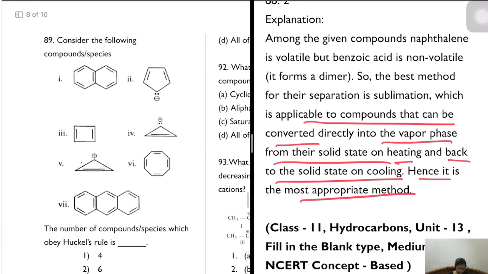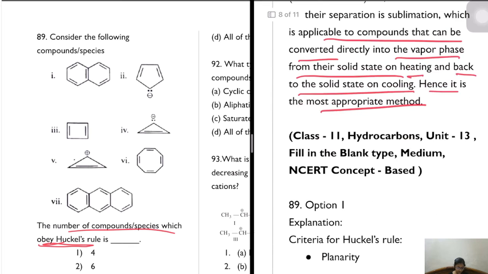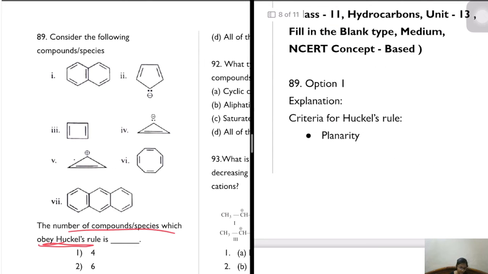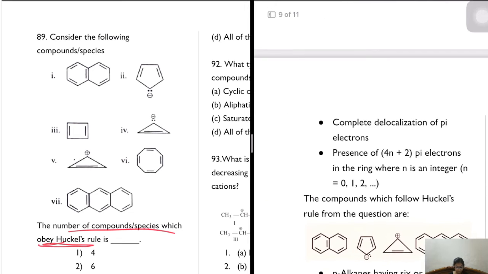Now let's see the number of compounds which obey Huckel rule. So, aromatic species. What is the criteria for Huckel rule? It should be planar, for example any ring. These are the criteria for aromaticity as well.